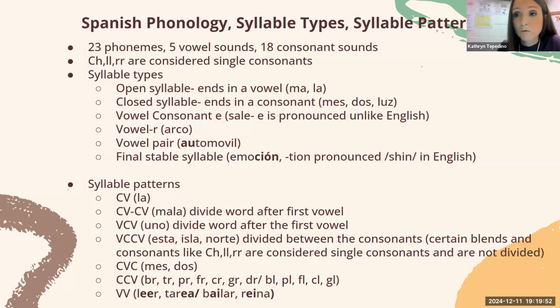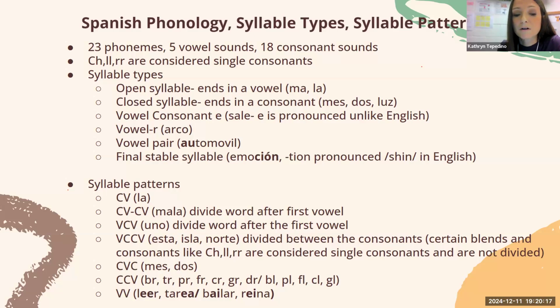We teach them how to cut words, and this helps them break it down. A lot of students who struggle to read just see letters in front of them and don't know where to start or how to break it down into easy, manageable pieces. So your syllable patterns are consonant-vowel, that's the open syllable. Then you have two open syllables together, CV-CV.